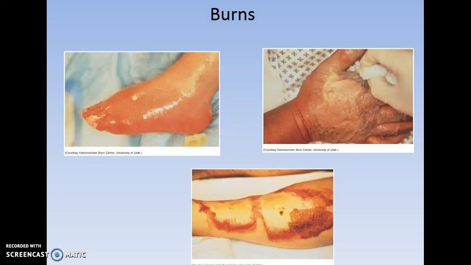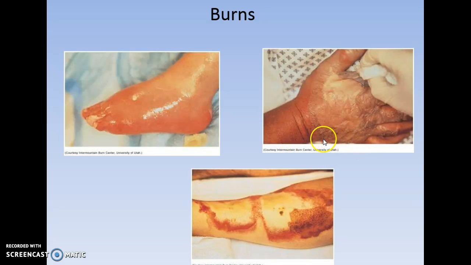So here are just some examples of burns that are in your textbook. The top two figures are both second degree burns. The bottom picture is figure 40.30 of probably a third degree burn, and you can see how there may have been some healing here, but there's still definitely scarring here. This is going to be a scald burn here.